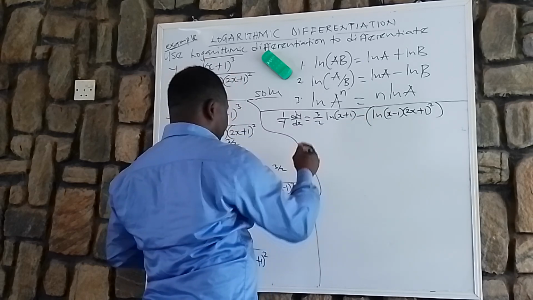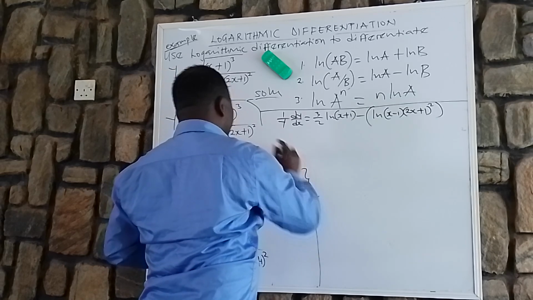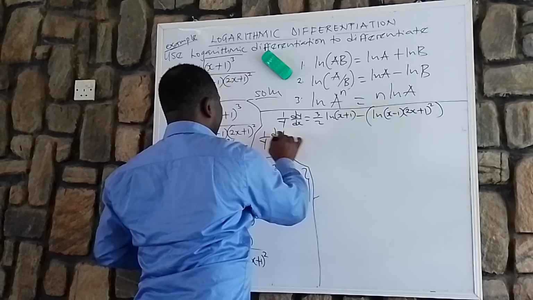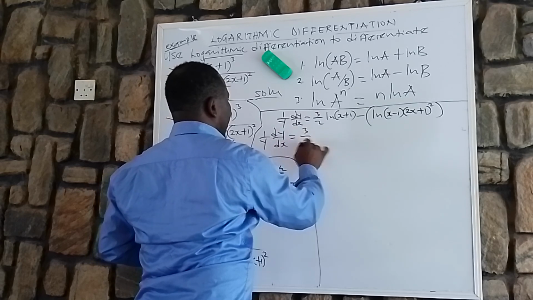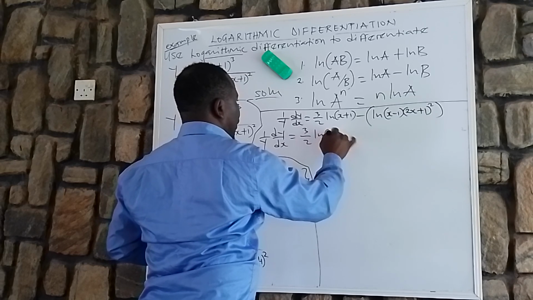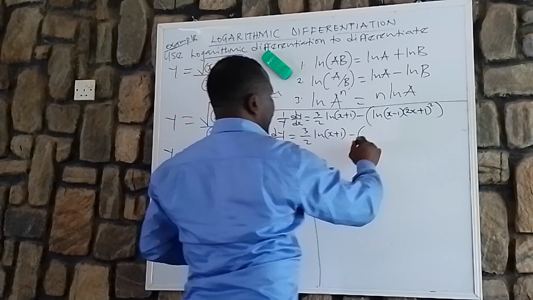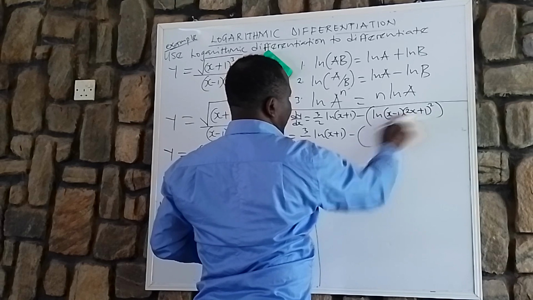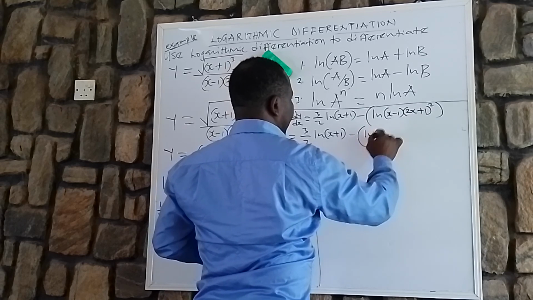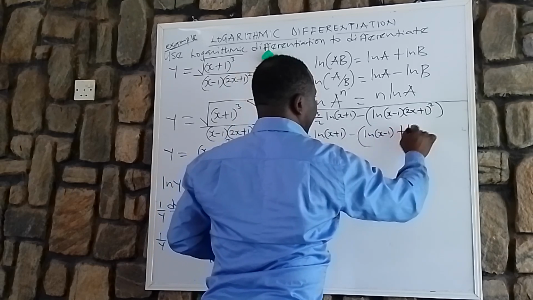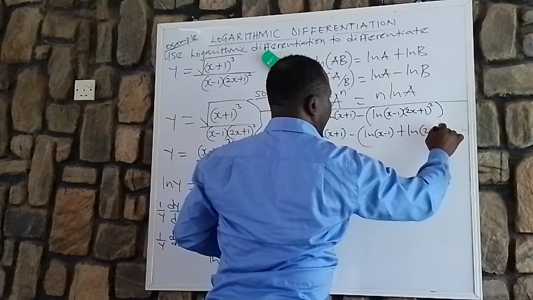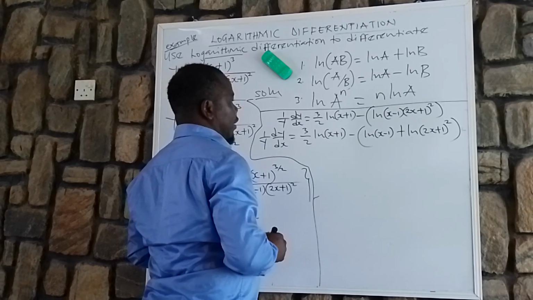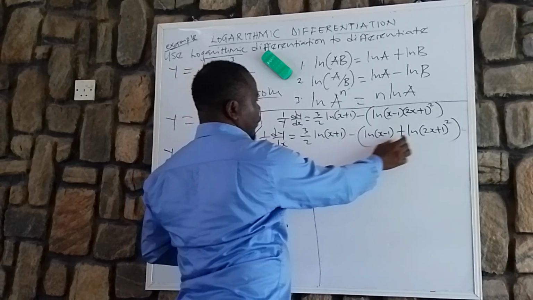So now here will be 1 over y dy over dx is equal to 3 over 2 ln (x + 1) minus, open bracket, since here is multiplication, ln (x - 1) plus ln (2x + 1) raised to the power of 2, all in brackets. Is that clear?